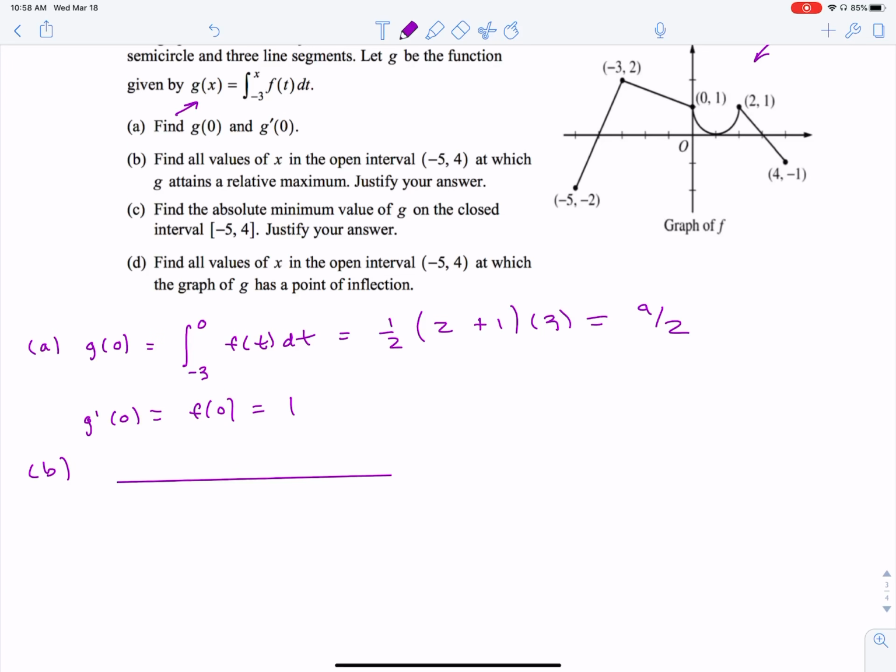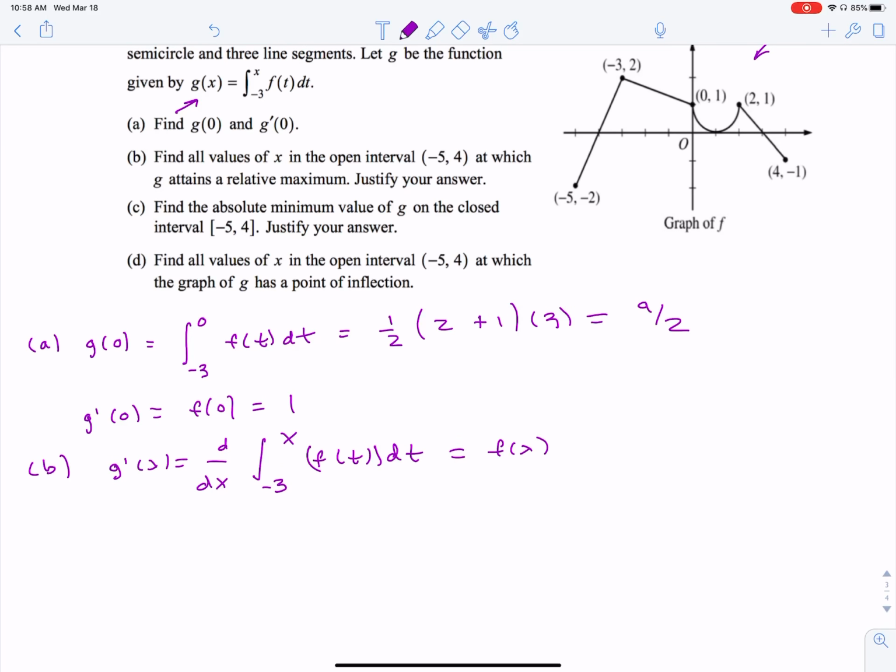The reason I'm making a sign chart is, remember, minimums and maximums occur where the derivative equals 0. So in other words, since g prime of x equals this, and by the second fundamental theorem of calculus, this is just going to be equal to this, as we saw before.